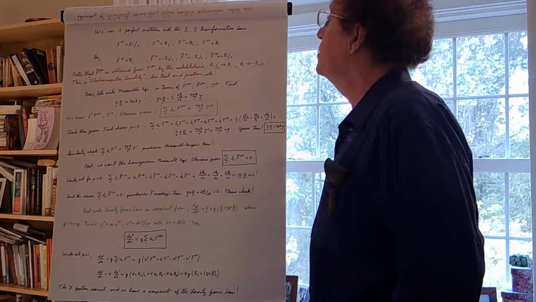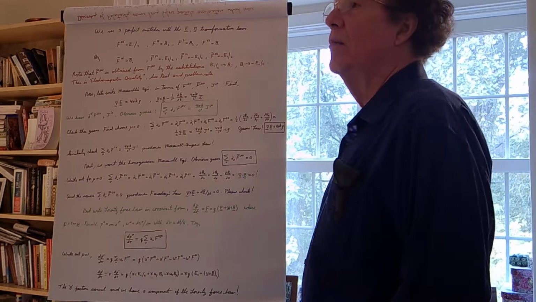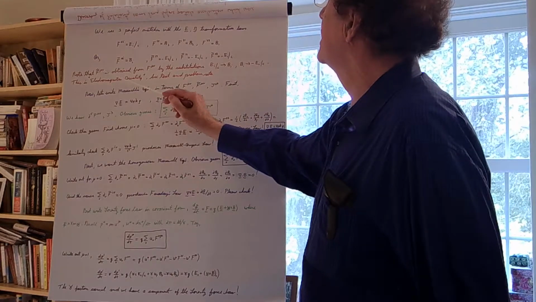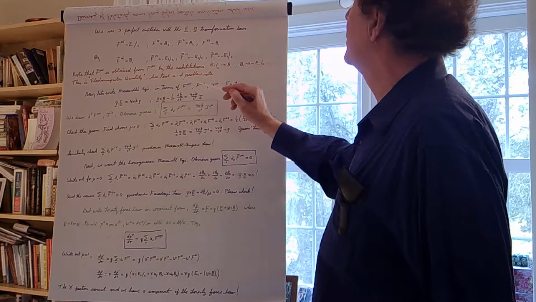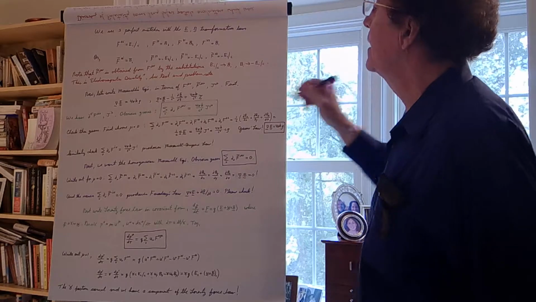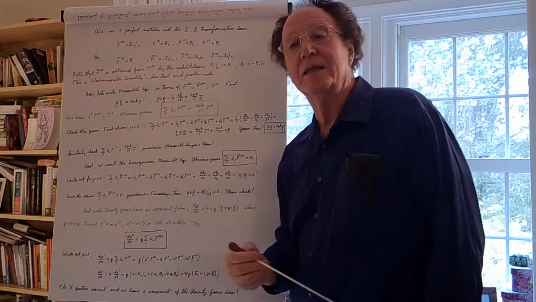Two different ways of doing it. Both ways give the same representation of the Lorentz boost. We note that F tilde mu nu is obtained from F mu nu by the substitution of E to B and B to minus E. It's called electromagnetic duality, and we played with that in the text.